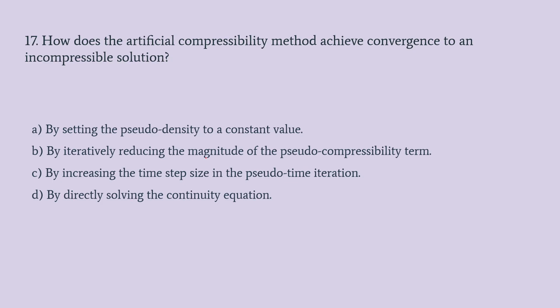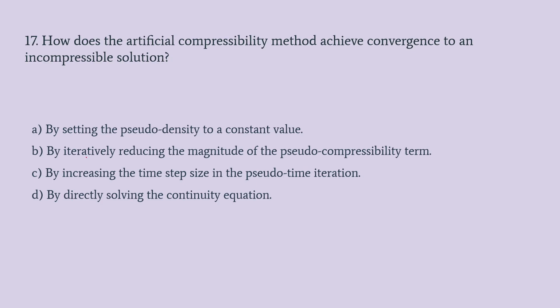Moving on to next question. How does the artificial compressibility method achieve a convergence to an incompressible solution? So again, the question is on artificial compressibility method. The question is how we will be achieving convergence of an incompressible solution. Options are: option A, by setting pseudo density to a constant value.